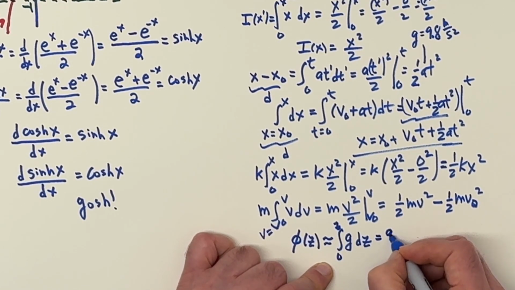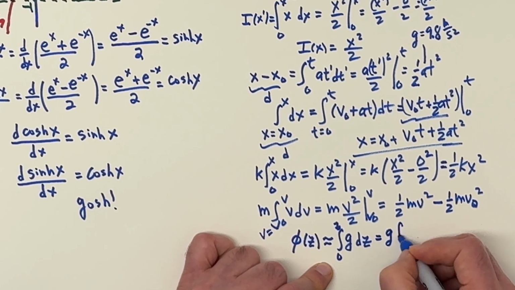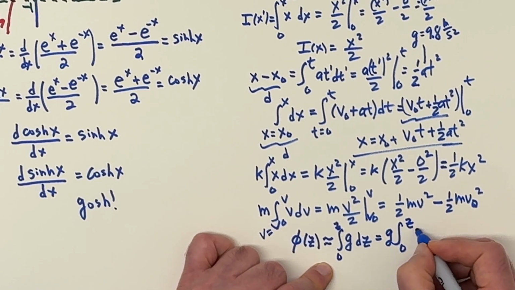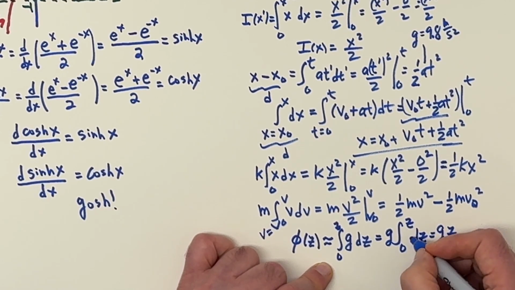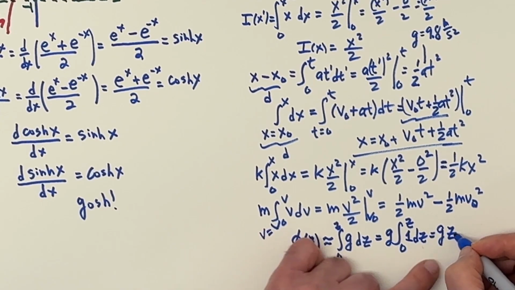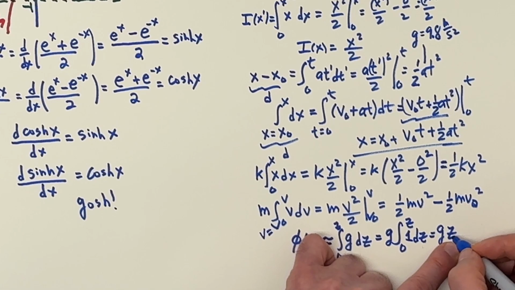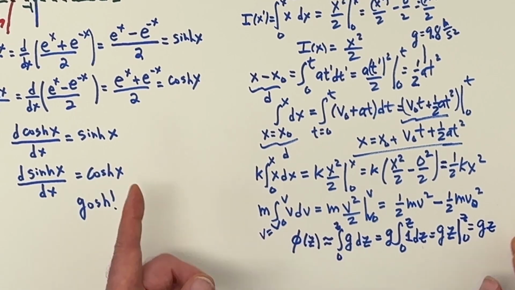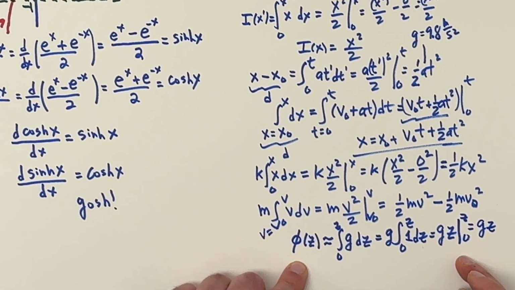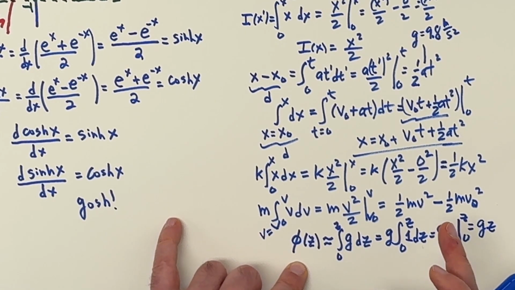And that would be g integrate from 0 to z dz, which should be g, and it would integrate z, because there's a 1 there, that integrates to z. If you take the derivative of z, go backwards, you get 1, from 0 to z, and that's simply gz.